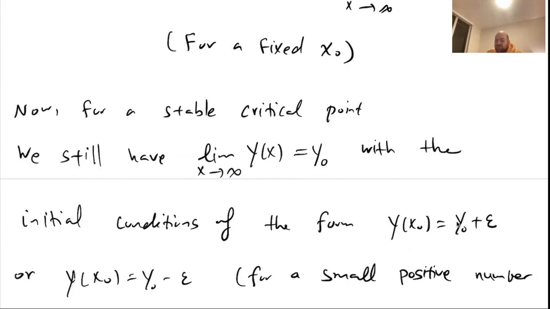If with both these initial conditions, we still have the limit of y of x equals y naught as x goes to infinity, then that's called stable. So you can probably guess, based on this definition, what type of critical point is called unstable.